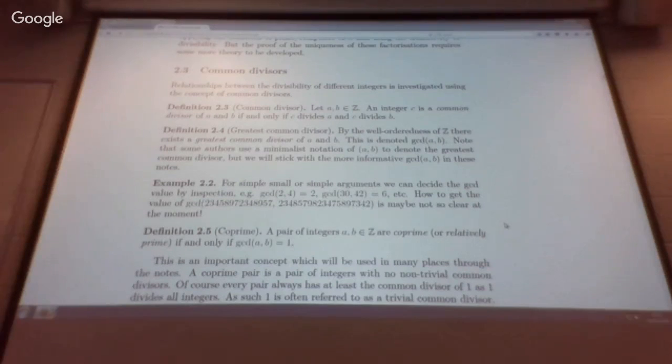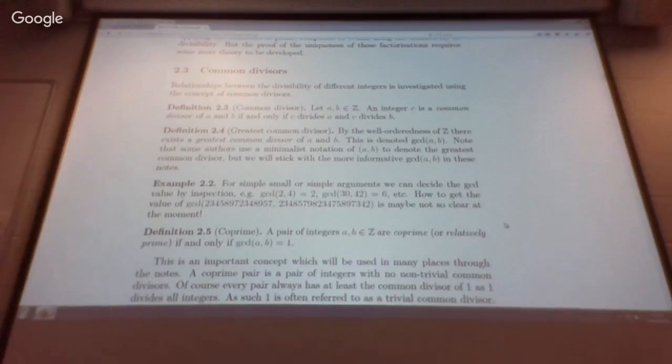A common divisor is made up of a product of primes, and it has to be contained in both lists, taking account of the multiplicities as well. So 5 squared is over here, but 5 squared is not over here. It's only 5. So 5 is a common divisor. You've got a 3 on both sides, but 9 isn't going to be a common divisor. 9 divides 45, but 9 doesn't divide 75.